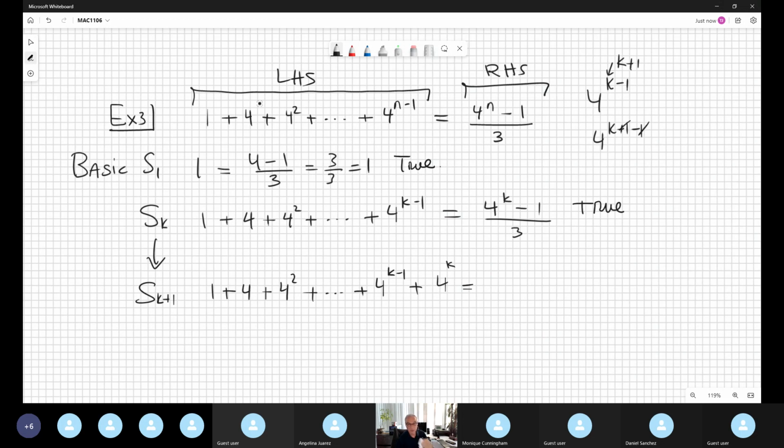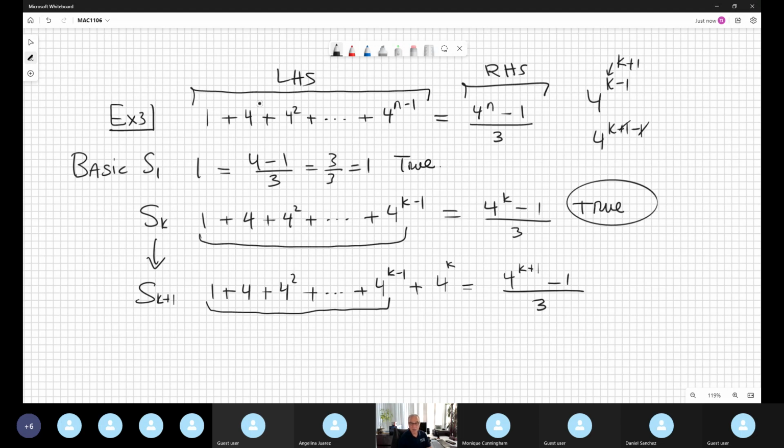Equal 4 to the k plus 1 minus 1 divided by 3. Okay, but you suppose that this is true. So that part is identical to this. Therefore, there is no reason to expand it. I copy it like that: 4 to the k minus 1 over 3 plus 4 to the k equals that part.